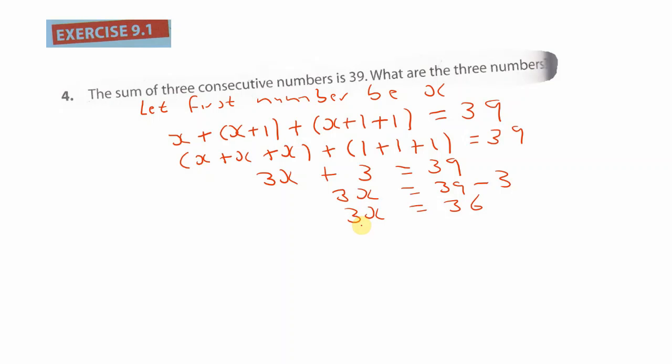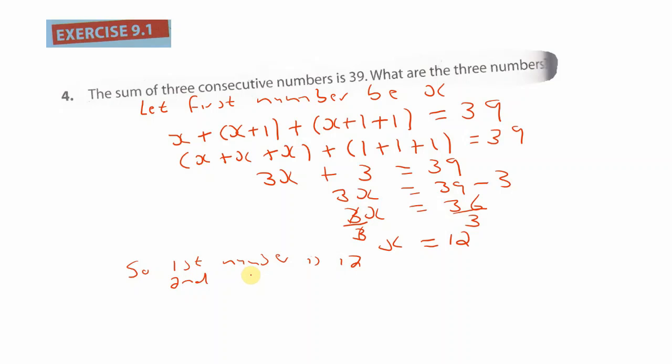We don't want 3x, we just want x. So we have to divide by 3 so that it cancels and we only have x. What we do to the left, we do to the right. 3 goes into 36, 12. So first number is 12.